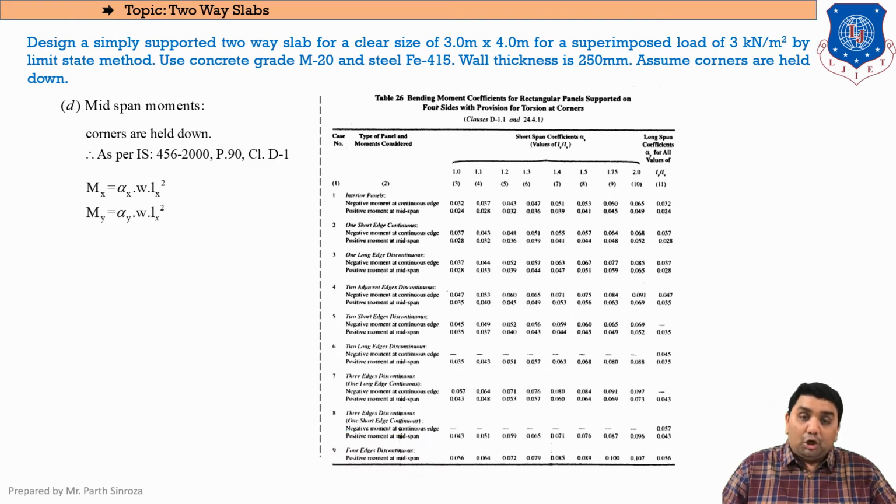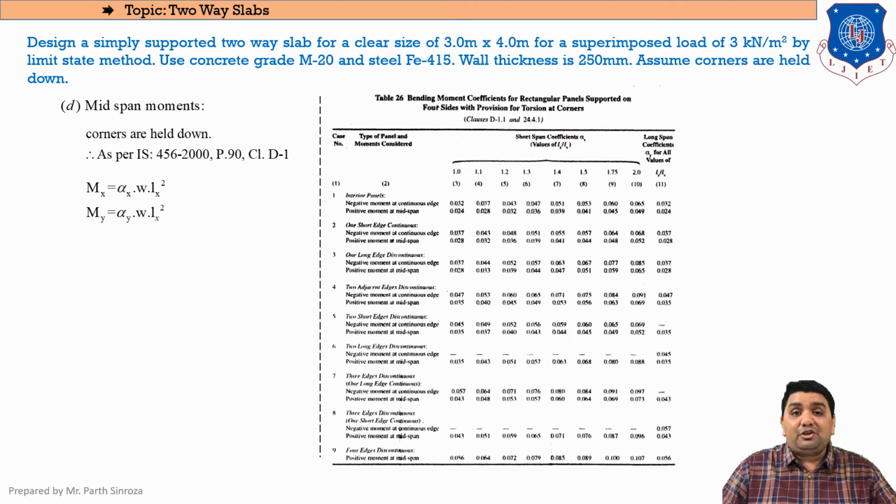Now moving on to the columns, you can see here the short span coefficient, alpha x, and in the last column the long span coefficient, alpha y. To calculate alpha y, we will always focus on the last column, whereas to calculate alpha x, we will focus on the values of Ly by Lx.